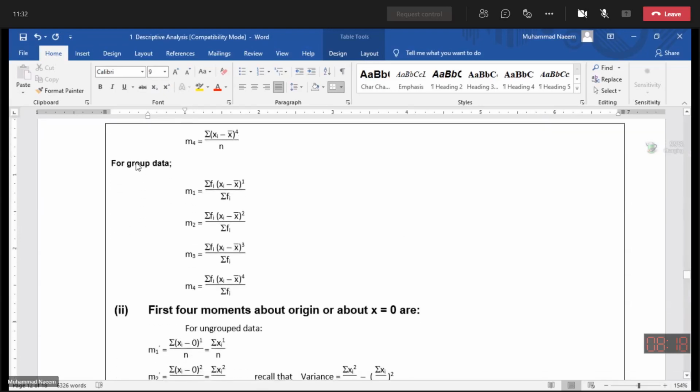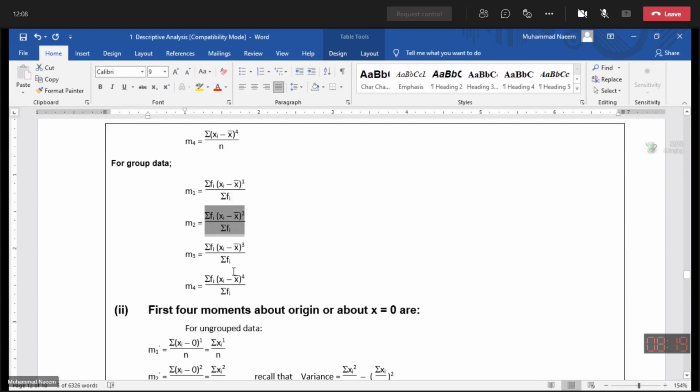Similarly, if we have group data, we just multiply these powers with the corresponding frequency, again sum up and dividing by total frequency. In the second case, that is exactly the definition of the variance. All the squares are multiplied with the corresponding frequencies, and then we add and divide by total frequency.